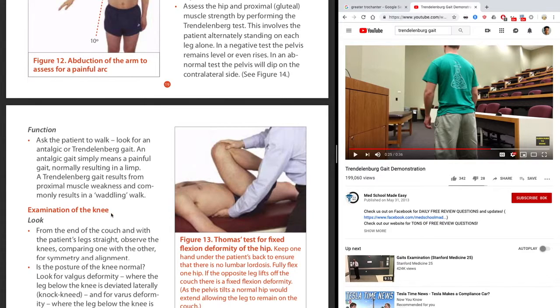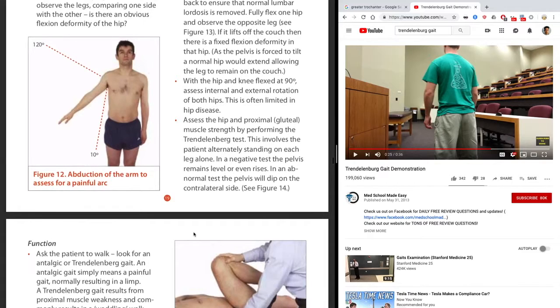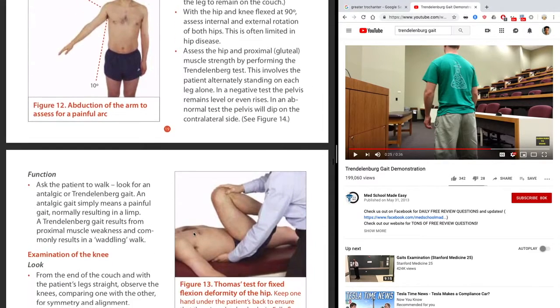Proximal muscle weakness. Yep, a problem with the abductors.